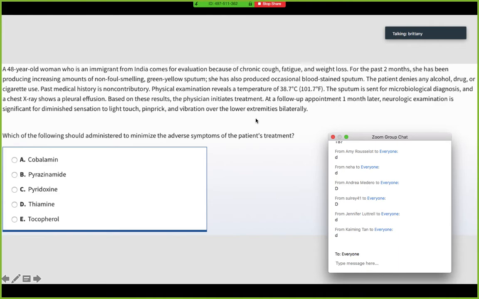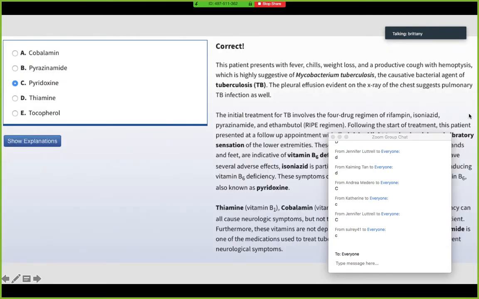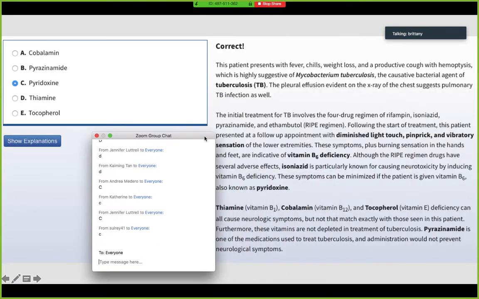She has a fever, pleural effusion, and then she ends up with diminished sensation to light touch, pinprick, and vibration. Which of the following should be administered to minimize adverse symptoms? Right. Yeah, so vitamin B6.